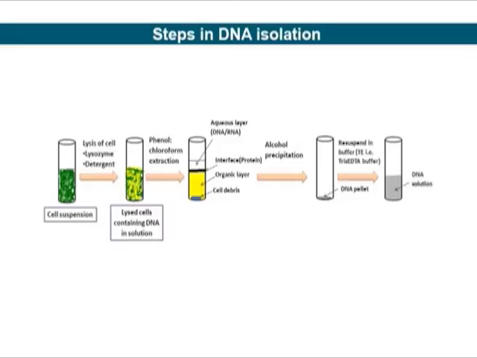The proteins aggregate as a white mass in between the aqueous phase containing DNA and RNA and the organic layer. Repeated phenol extraction is not desirable as it damages the DNA. Treatment of lysate with protease in addition to phenol or chloroform ensures complete removal of proteins from the extract.